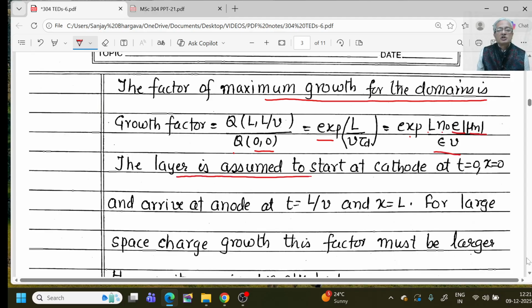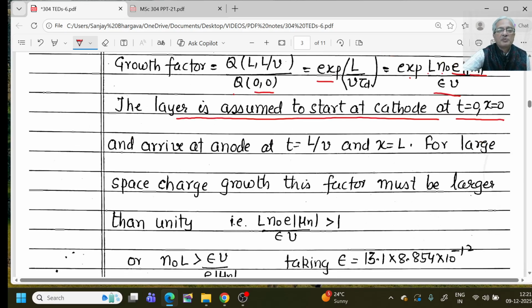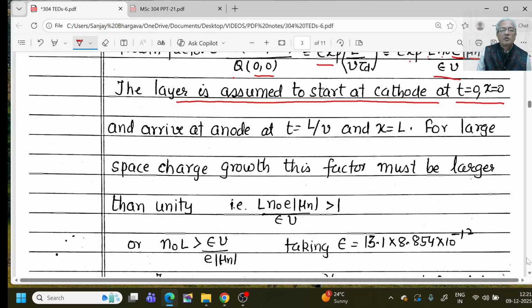The layer is assumed to start at the cathode, that is at t equal to 0 and x equal to 0, and is supposed to arrive at the anode. How much time does it take to reach the anode?